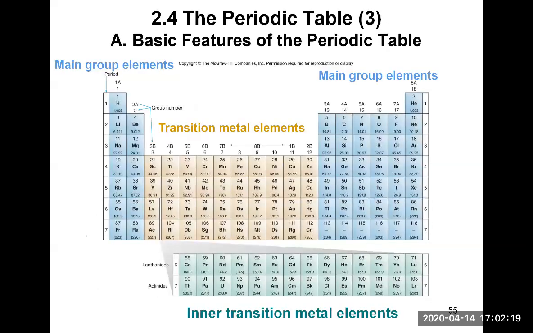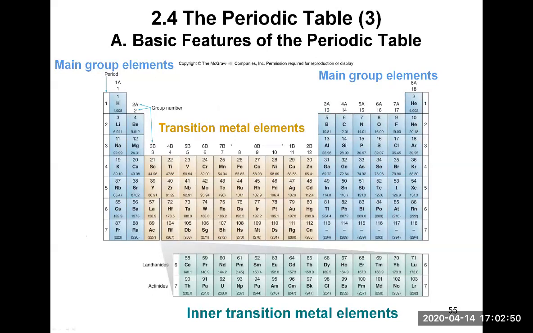So this slide is summarizing what we just covered. The main group elements are those first 2 columns on the left side and then the 6 columns on the right side. And notice how I ask you to identify the groups by their group number: 1A, 2A, and then 3A to 8A on the right.